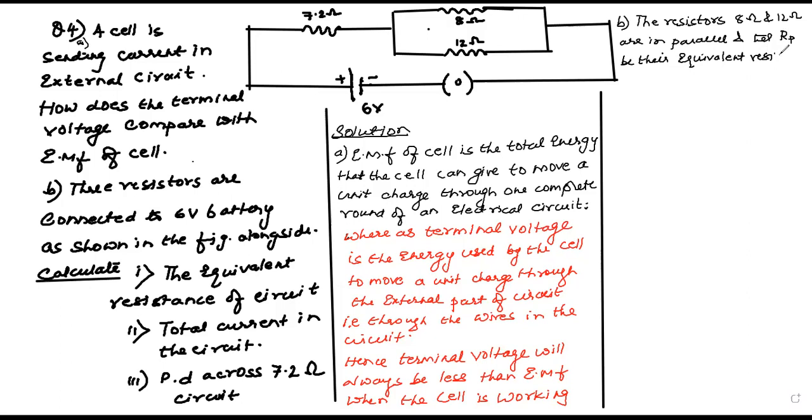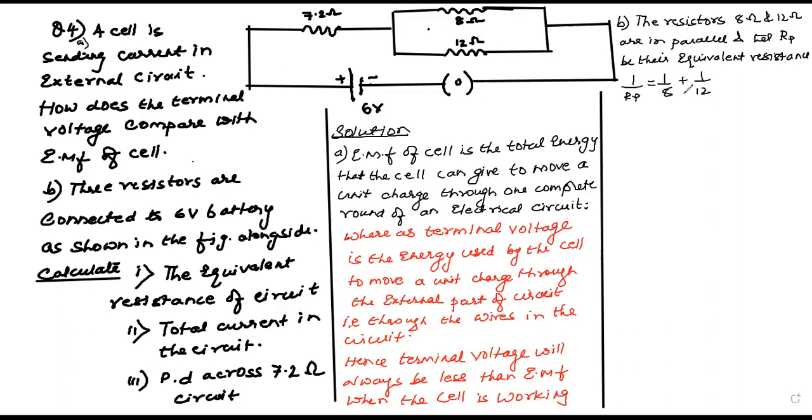Okay. Now what will happen, children? You can see here 1 upon RP is equal to 1 upon 8 plus 1 upon 12. What is 1 upon 8 plus 1 upon 12?